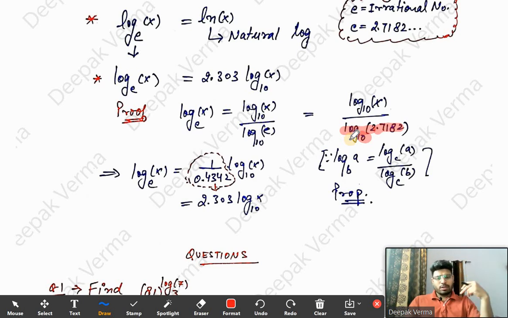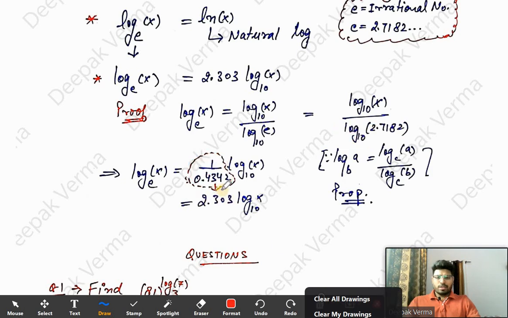If you don't know, I will tell you how to use it later in this chapter, but for the time being it's okay. So the value of log 2.7182 to the base 10 is 0.4342 and 1 over 0.4342 is 2.303. Is it clear? I hope it is fine.